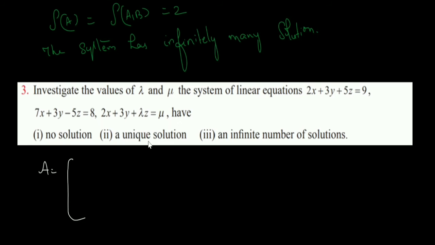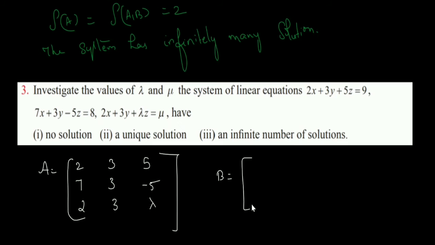The coefficients. That means 2, 3, 5, 7, 3, minus 5, third row 2, 3 and lambda. This is the matrix A. What is matrix B? The constants, that is 9, 8 and mu.